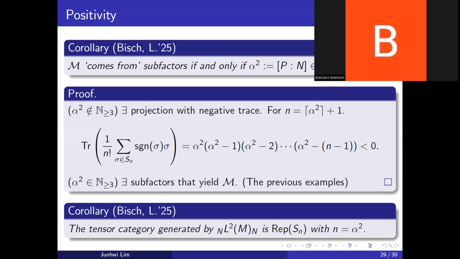So my question is, is there something analogous on the subfactor side? If I think of the monoidal bicategory formed by a whole bunch of these one-element algebras. And the second question is, because Rep Sn is symmetric, is there a way to get a braided one instead of a symmetric tensor category?